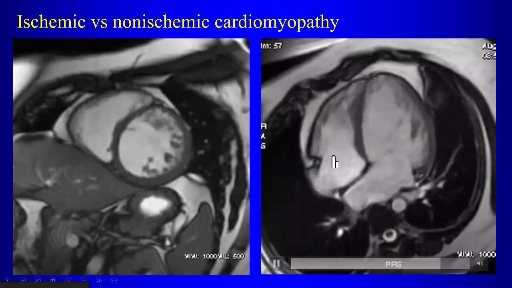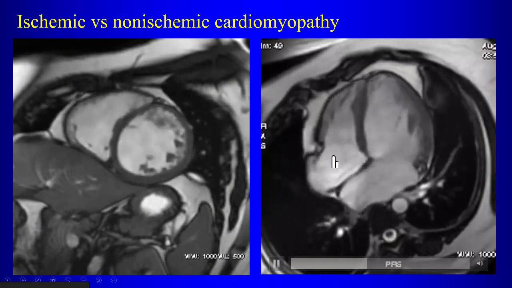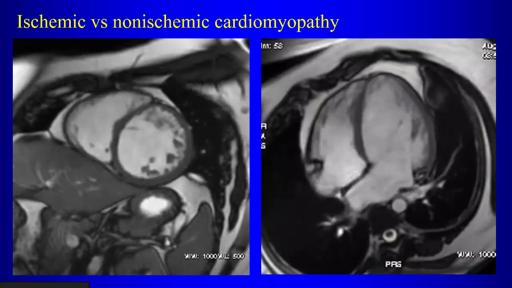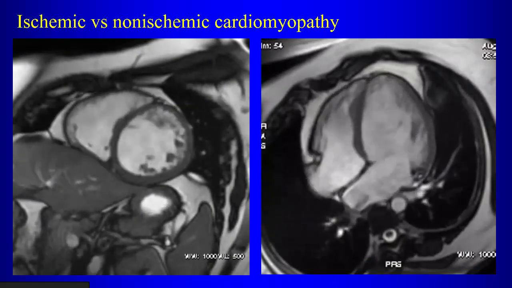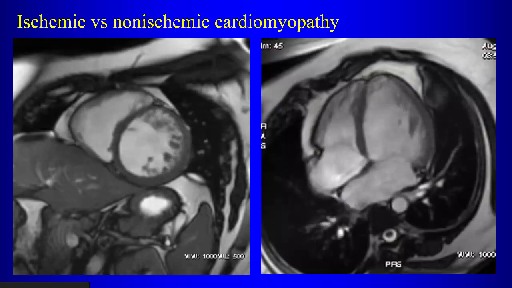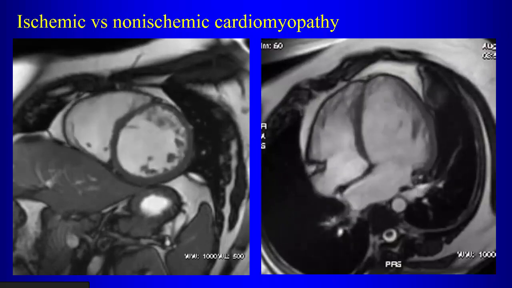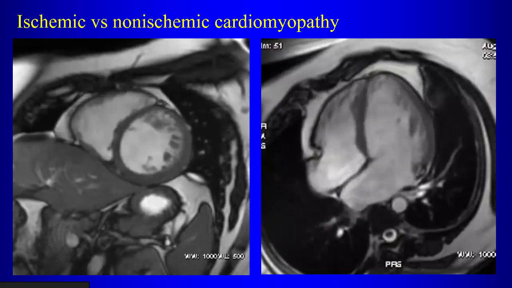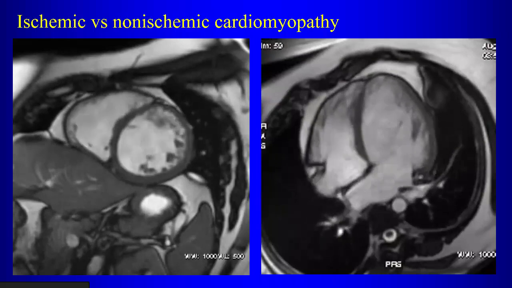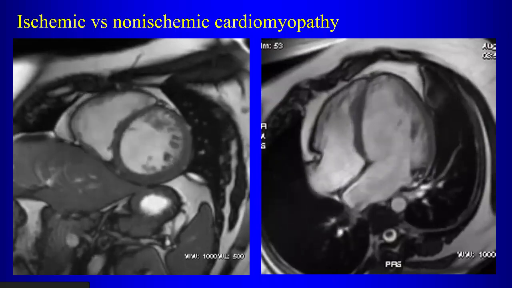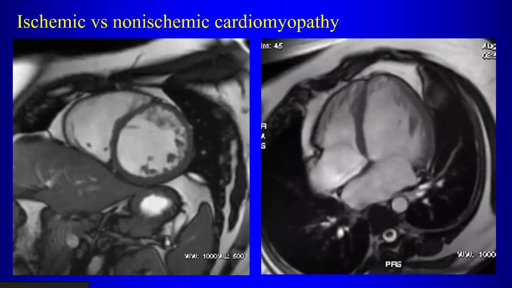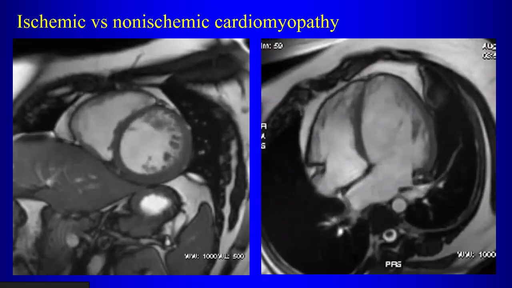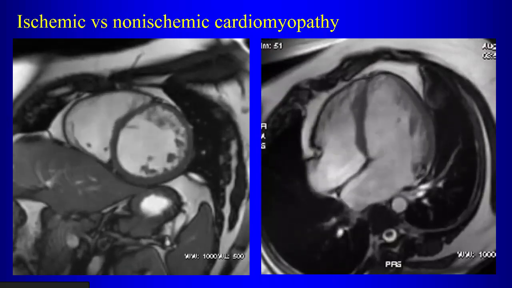Now, how can MRI help us differentiate these two? What is the sequence that is going to be most valuable for us? Delayed enhancement. So how is that going to help? So we can see the type of enhancement that we have. Right. So for an ischemic cardiomyopathy, what kind of enhancement should you see? Right, exactly right.